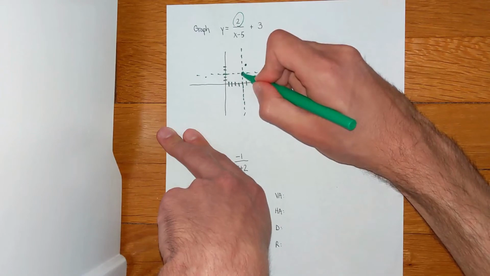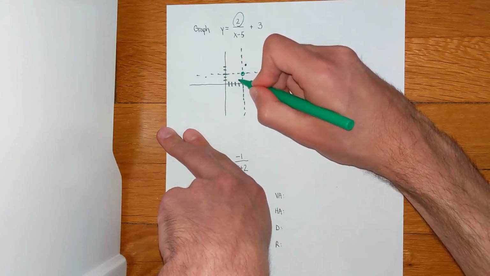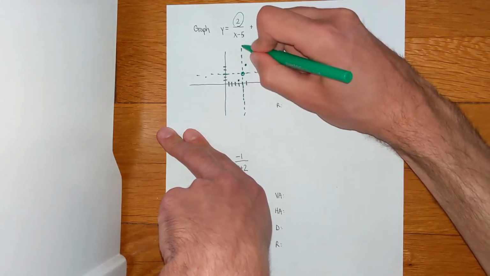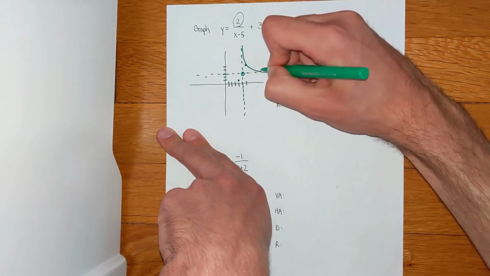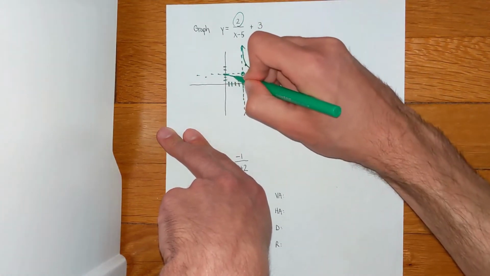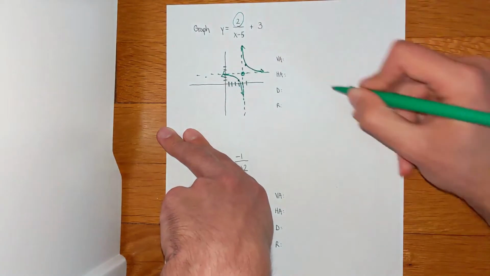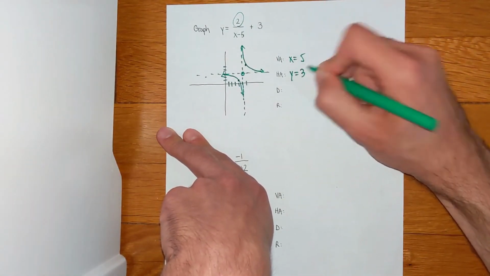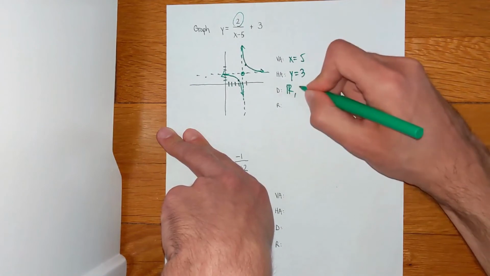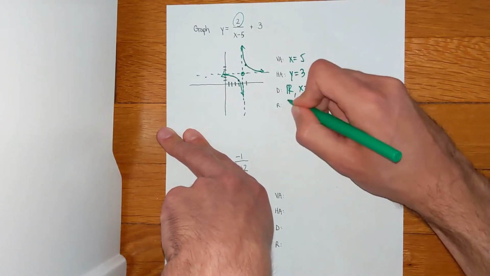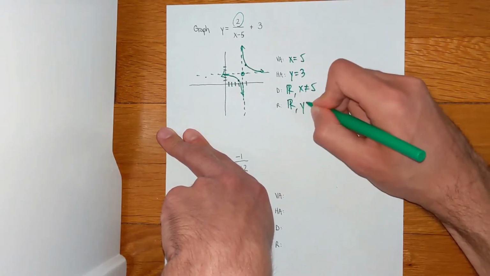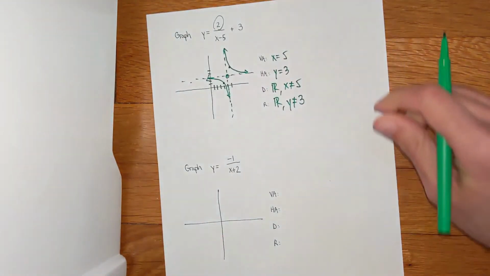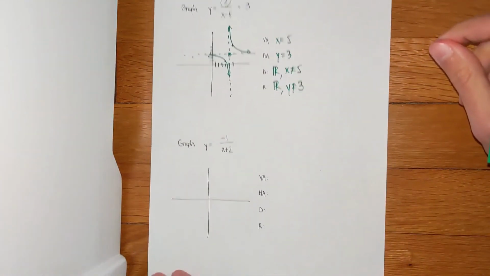I'll reverse that and go down to left 1. And those are going to be my 2 dots that I use for my picture. So I still draw them the same way. I got this going on. Vertical, x equals 5. Horizontal, y equals 3. All real numbers except 5. All real numbers except 3. Pretty quick once you learn what you're doing.